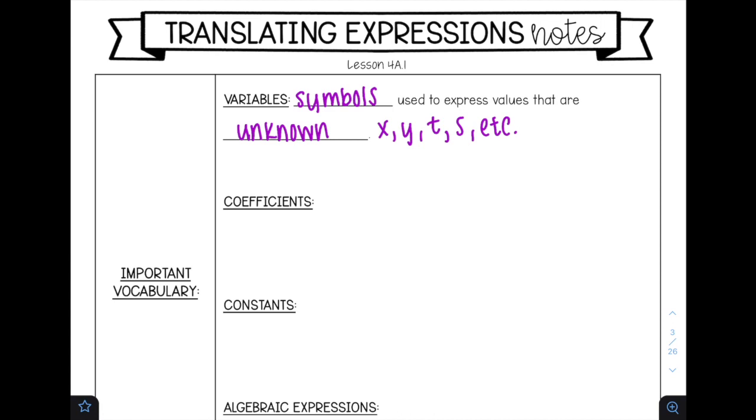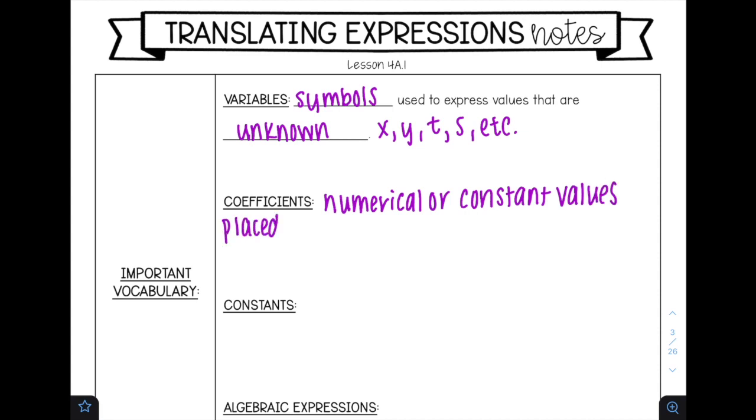Coefficients are numerical values or constant values placed before and multiplying the variable.